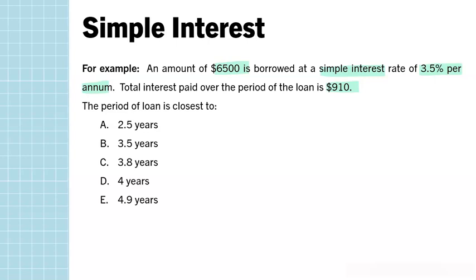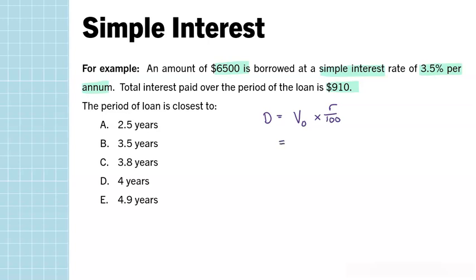So firstly, let's think about this 3.5% per annum. So how much are they charging per year? And so in order to work out that, we're being asked for D. And remembering that D, if we take our initial value and multiply that by our rate.